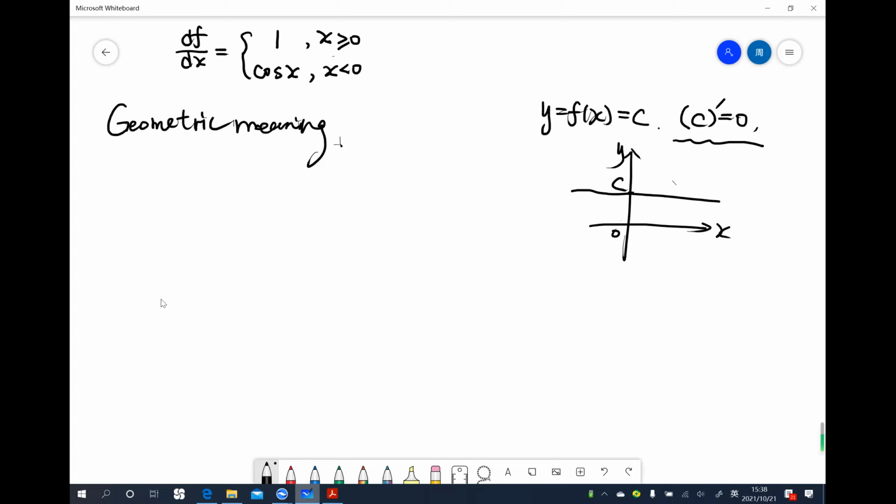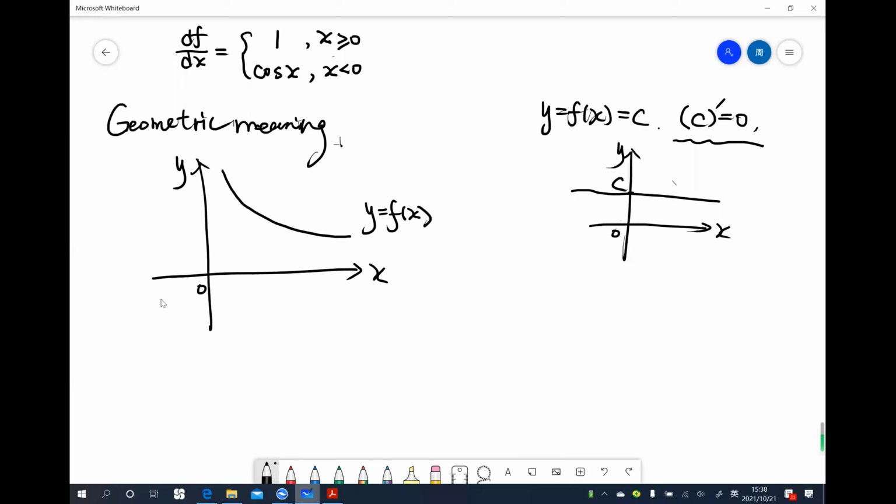And the geometric meaning of the derivative, that is, for example, the graph of a function, maybe the graph is like this. The function is f of x. And this is the point x0. And after an increment, this is the point x0 plus delta x.